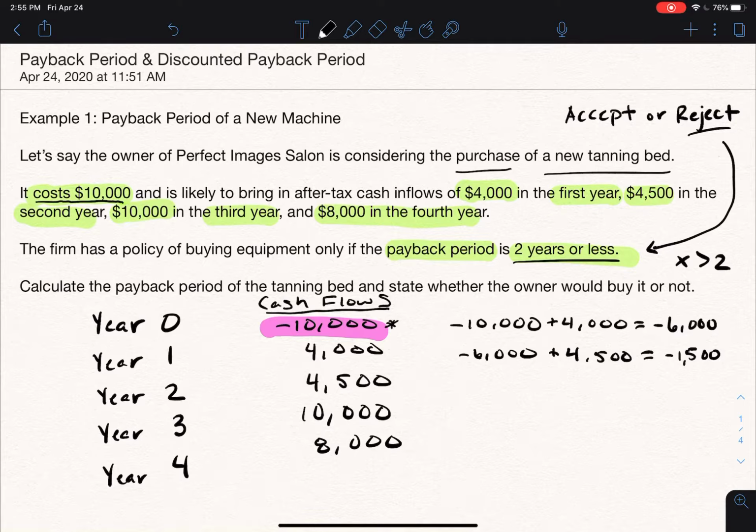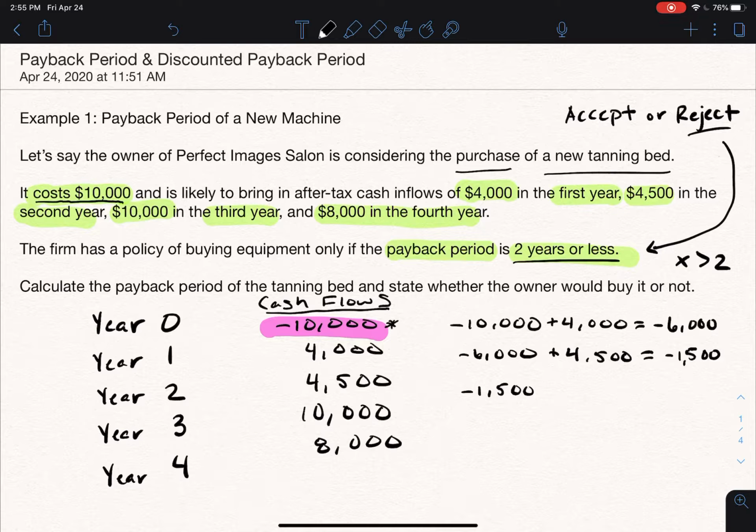Because in year 3, I have $1,500 left of my investment that I need to earn back. And if I move forward with the 10 grand, it's going to push me way into the positive. That's not exactly what the payback period wants to know. It wants to know how much of year 3 is necessary to get me to 0, right?